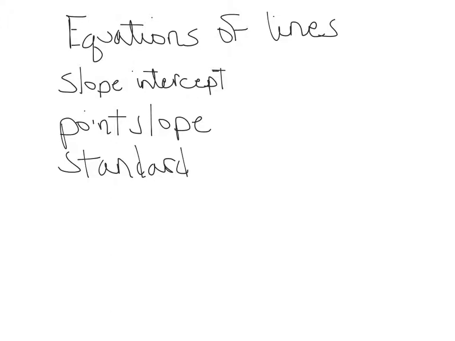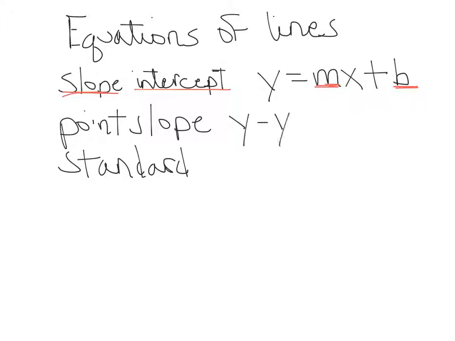So slope-intercept form is y equals mx plus b. And you're going to have numbers for the slope, and you're going to have a number for the y-intercept. Point slope form is y minus y sub 1 equals m times x minus x sub 1.